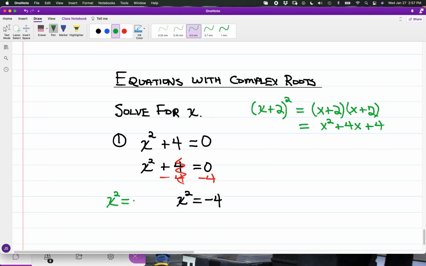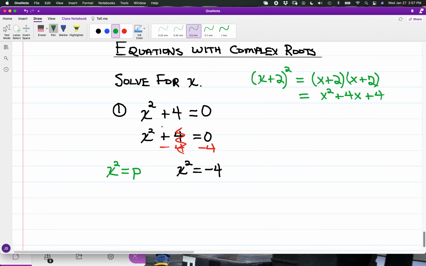Now we already have the setup where we can utilize the square root property of equality. Again, you have x squared is equal to p, so x is equal to plus or minus the square root of p.